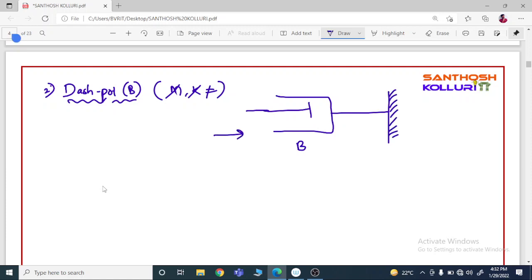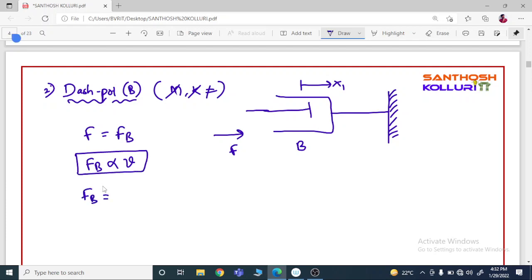When a force F is applied on the dashpot, it undergoes a certain displacement. The applied force is equal to the opposing force by the dashpot, Fb, which is directly proportional to its velocity, and velocity is the differentiation of displacement.